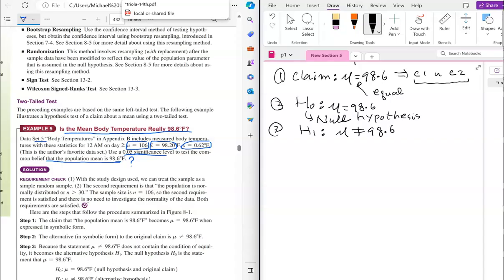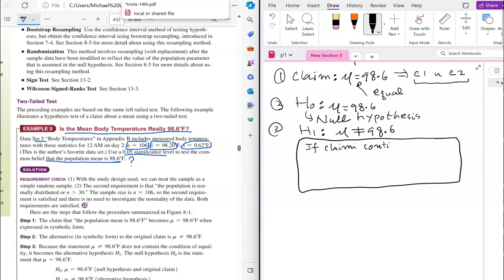Let me write here: if the claim contains equal, H1 is not equal and it becomes a two-tailed test.